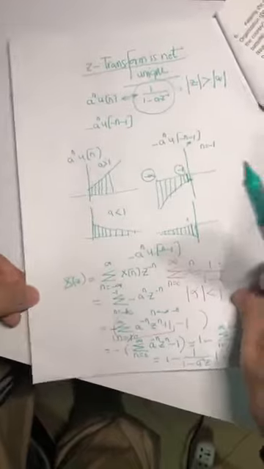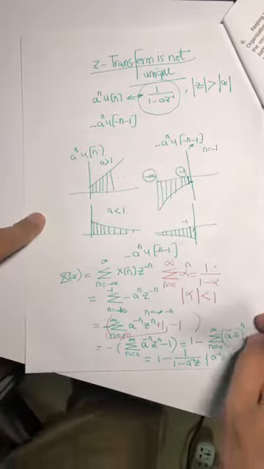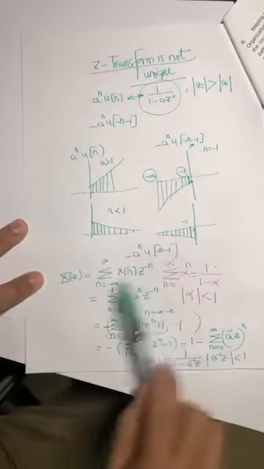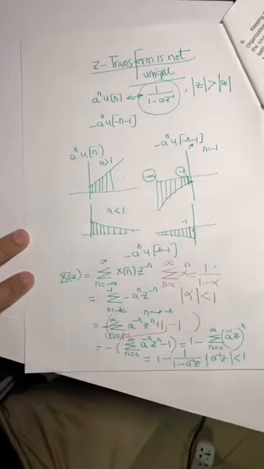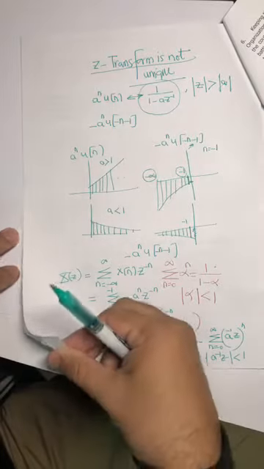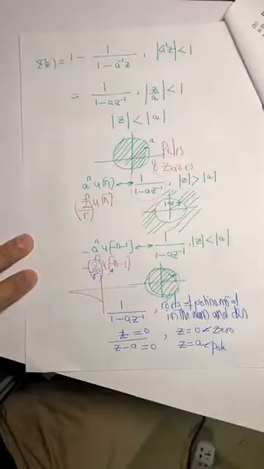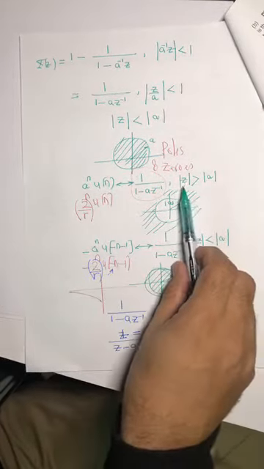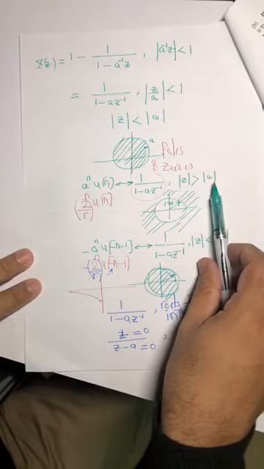And then we started plotting these sequences, and I proved that yes, both have the same Z transform, but different regions of convergence. For a^n u[n], the region of convergence is magnitude of z greater than magnitude of a.